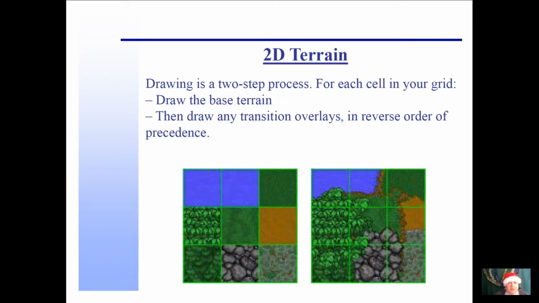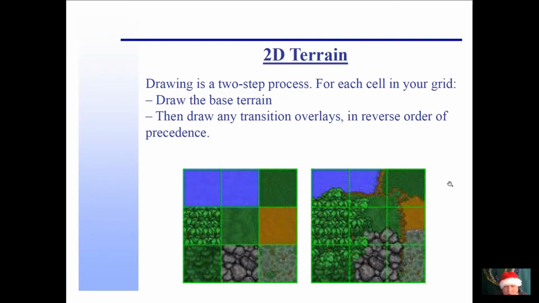Okay, so you can combine these transitions so that we can change from a not very nicely looking terrain like this into something of much better quality here on the right.